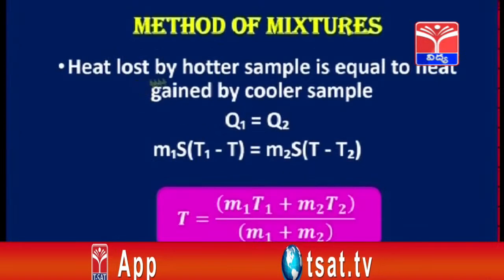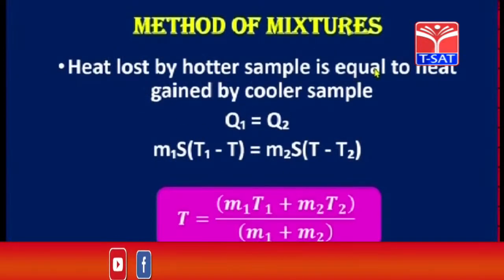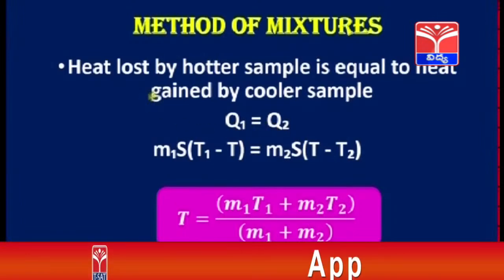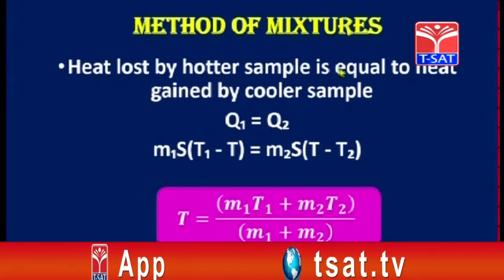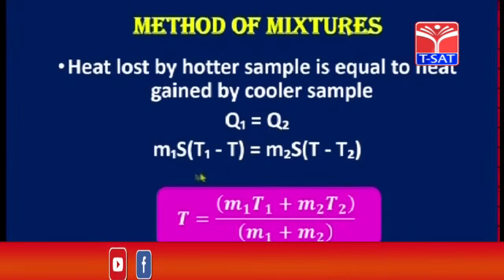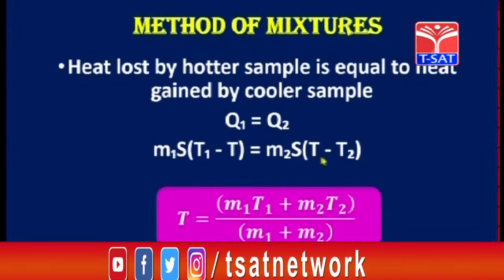We know that heat lost by the hot sample is equal to heat gained by the cooler sample. Suppose the heat is not going out, it is in the system, then the heat lost by the hotter sample is equal to the heat gained by the cooler sample, so that Q1 is equal to Q2, and M1 S into (T1 minus T) is equal to M2 S into (T minus T2).